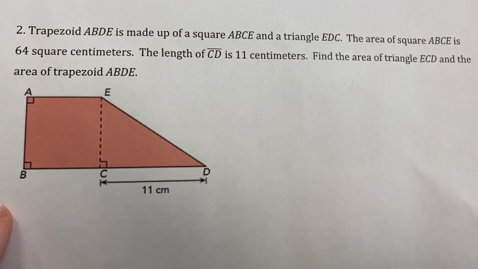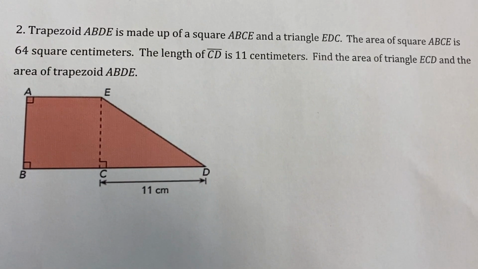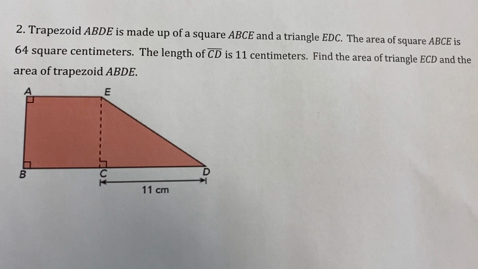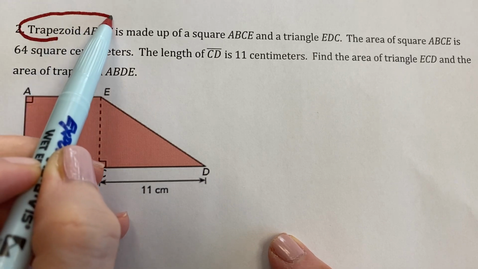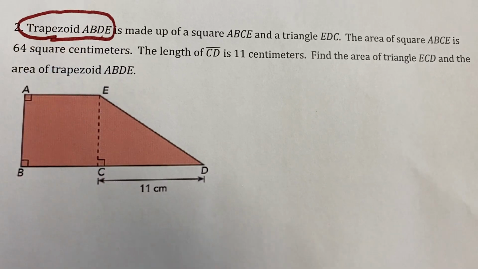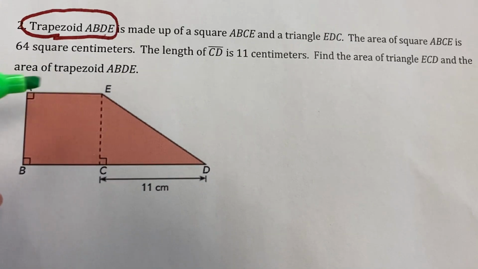Okay, let's read this. So it says trapezoid A, B, D, E. So stop right there. The minute I see this, I immediately want to grab a highlighter and highlight A to B to D to E. So can I do that? So let's see.